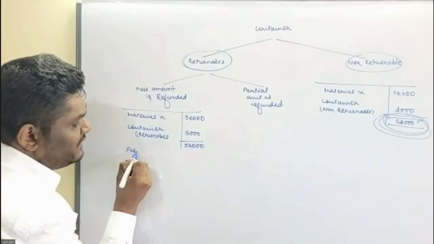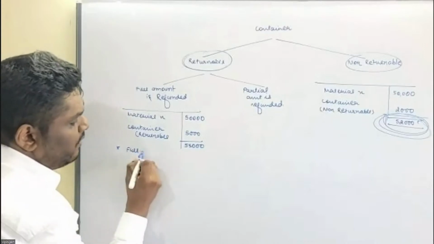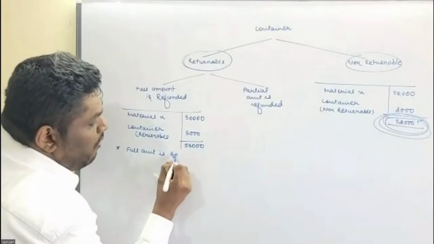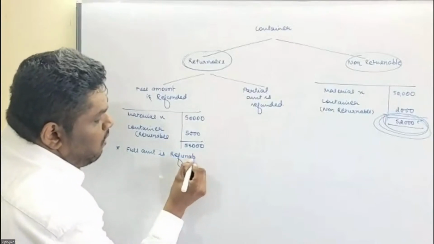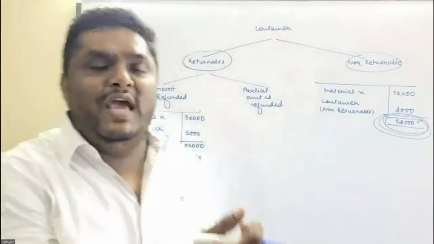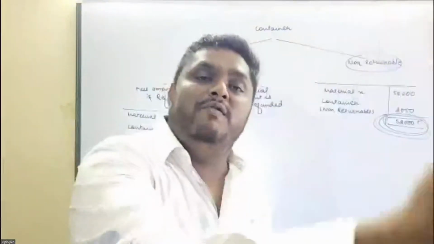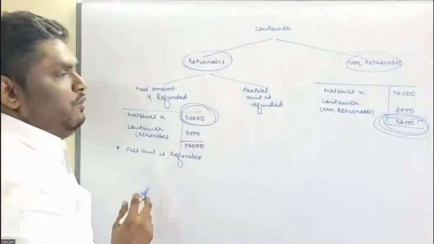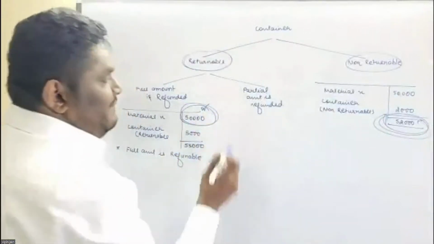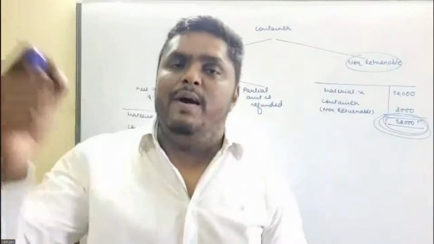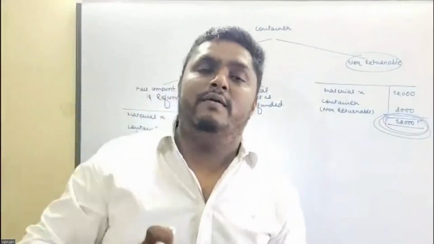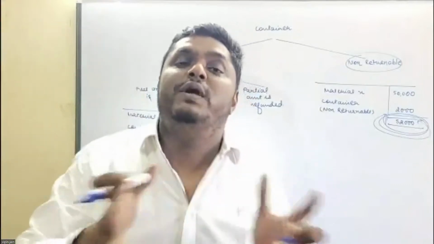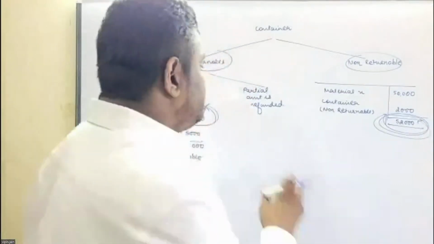Now, the full amount is refundable; it is given in the question. So herein we are paying 5,000 to the supplier, but we will be getting back 5,000. In this case the ultimate cost is 50,000, so that will be the value of inventory. If the full amount for the container is refunded, we have to ignore the cost of the container.